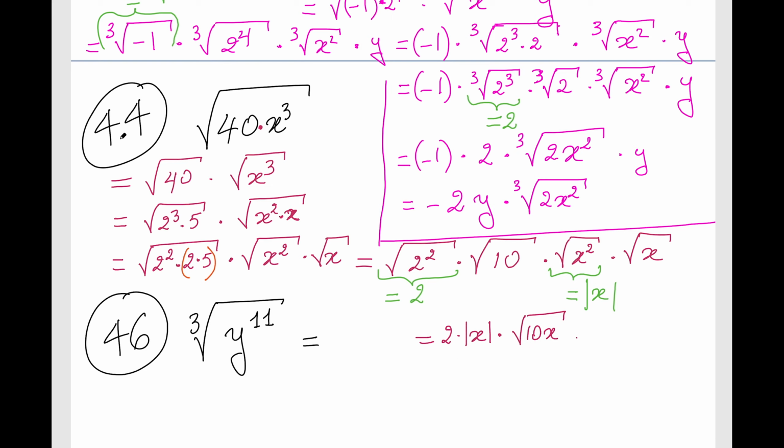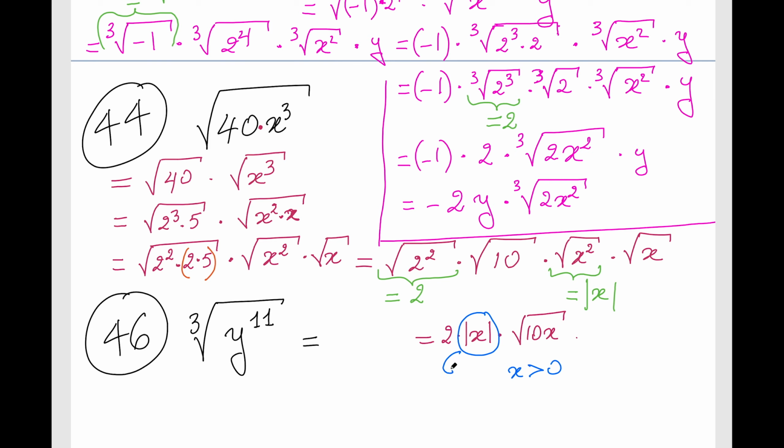But in 44, so this is on page 721, what they said is, assume that all the variables represent positive real numbers. So they're telling you that the x is positive.